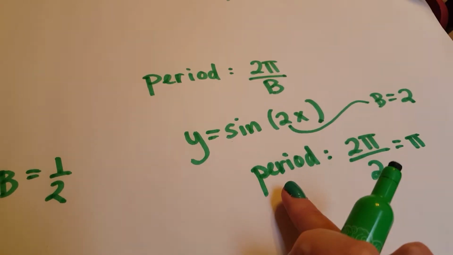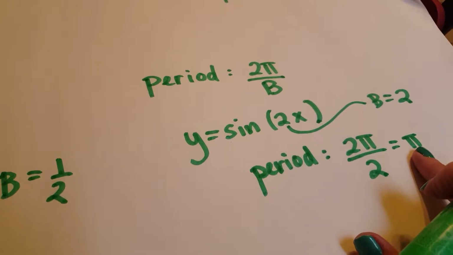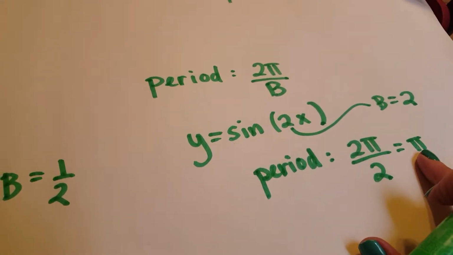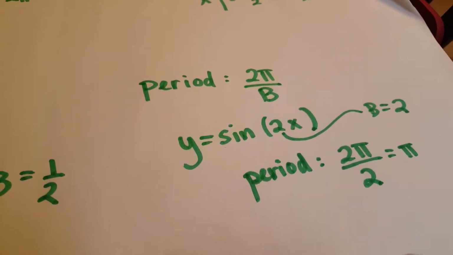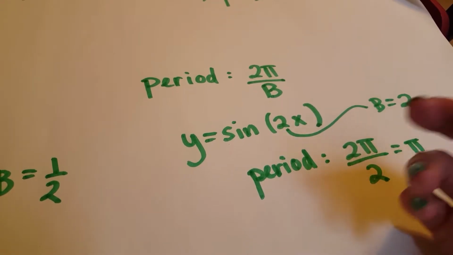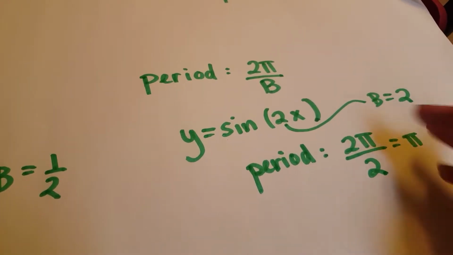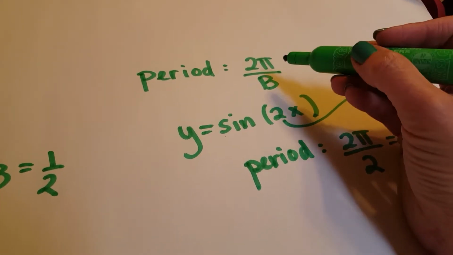So our original period was 2 pi. It's now shortened and completes one entire cycle in pi. Basically, if b is a whole number, it's going to shorten our period. If b is a fraction that's less than 1, it will end up stretching the period. So step 1 of this process is to figure out what your period is, and we use our formula.